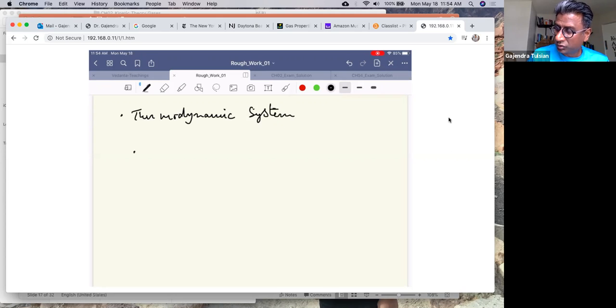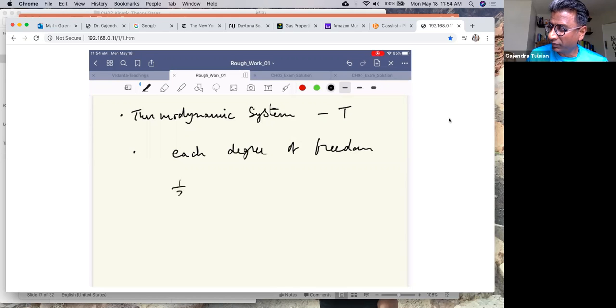In equilibrium, you can associate a quantity called temperature. And what this temperature tells you is that each degree of freedom contributes 1/2 kT energy towards the system.